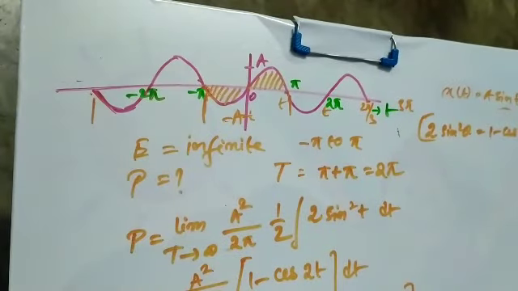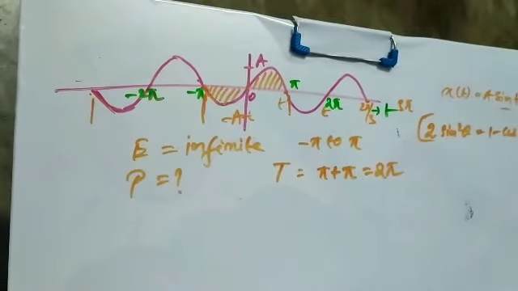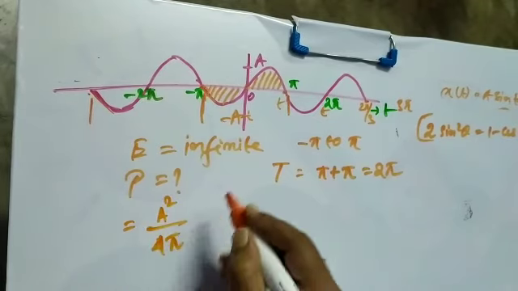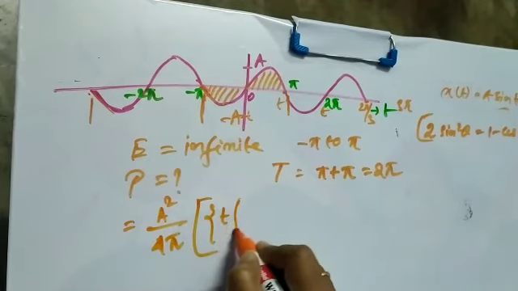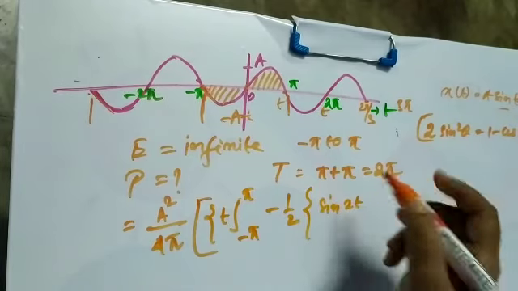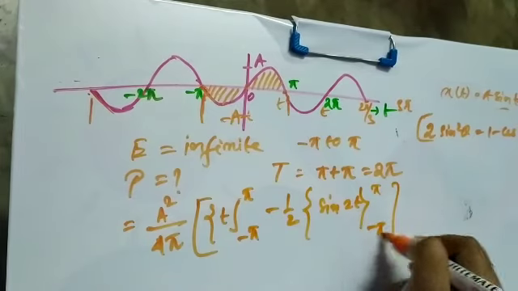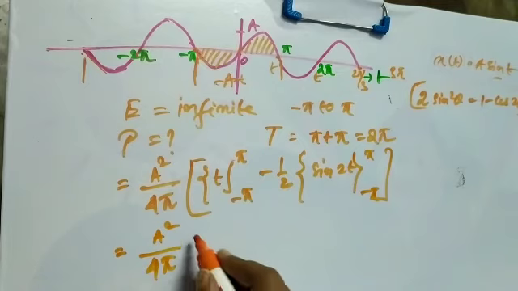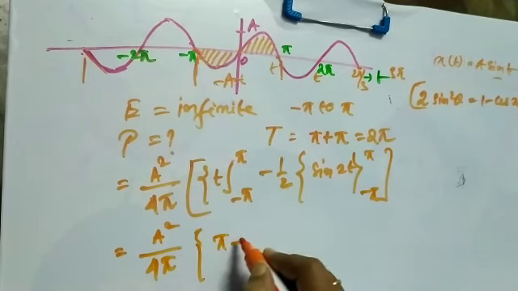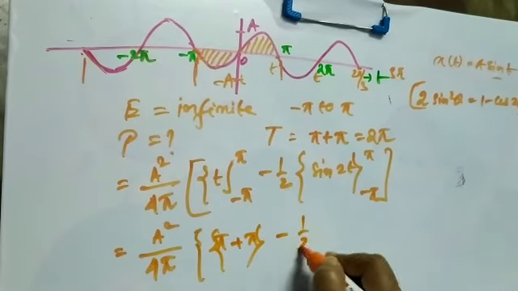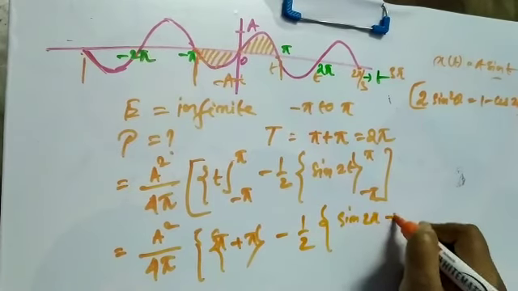Then we have to just put the value of pi. It is pi minus minus pi, that is plus pi, because first term is pi, and minus of minus pi is plus pi, and this will be sine 2 pi plus sine 2 pi.